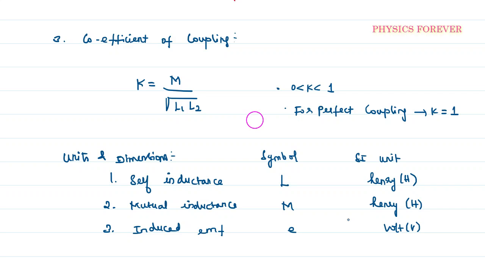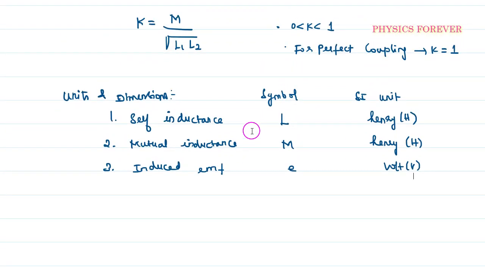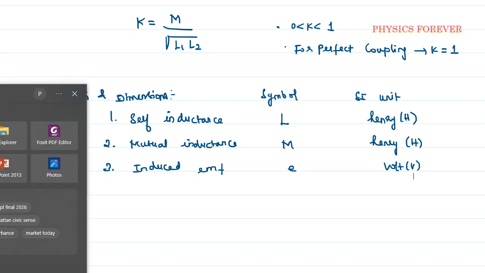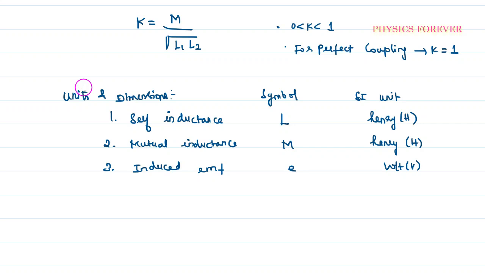The direction of induced EMF opposes the cause, which is called Lenz law. If it is the same coil, that is self inductance.